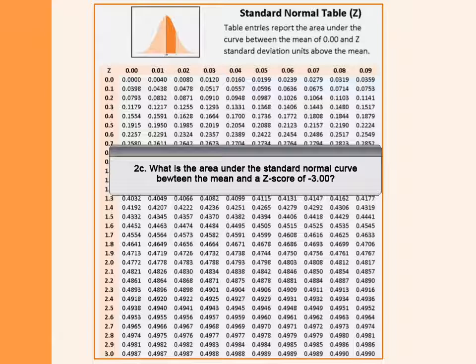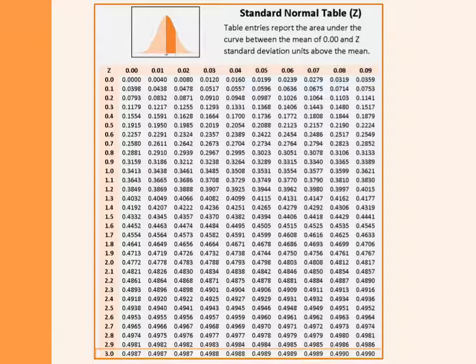For the third problem, we are to find the area under the standard normal curve between the mean of 0 and a z-score of -3.00. Highlight the row that reports a z-score of 3.0 and the column that reports the hundredth of 0. And we'll see where these two highlighted areas intersect is the value of the area between a mean of 0 and a z-score of 3.00.